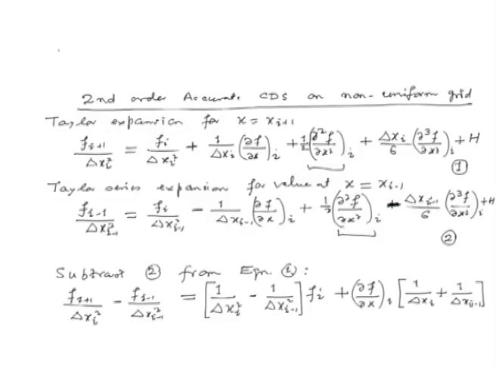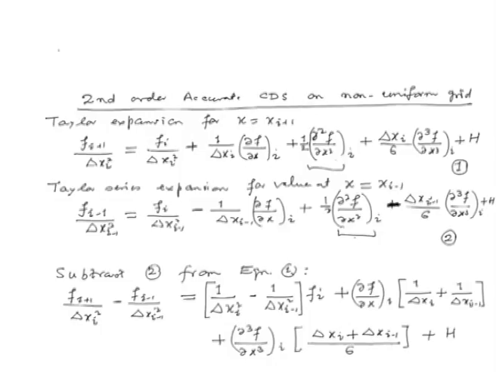The third terms cancel, del 2 f over del x square, half of it is in the top equation and the same in the bottom equation. So, these two would cancel out. So, the next term which we get is del cube f over del x cube at i times delta x_i plus delta x_{i-1} divided by 6 plus higher order terms.